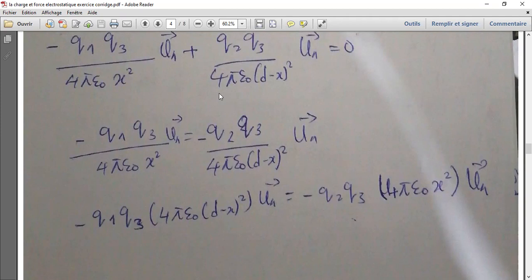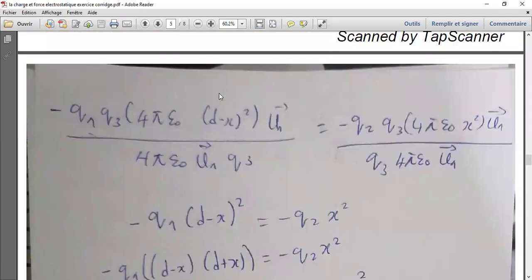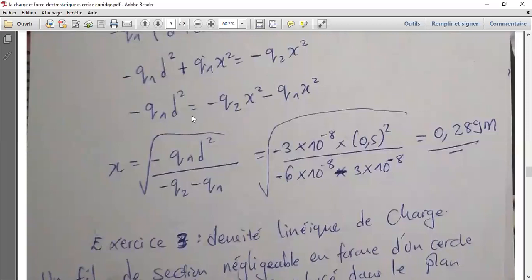If you imagine you have placed 3 times 10 negative 8, 6 times 10 negative 8, and you are trying to simplify your equation, you have a difficult time. So first you simplify it, and last, after you have simplified it, you put in the numbers, then you solve.